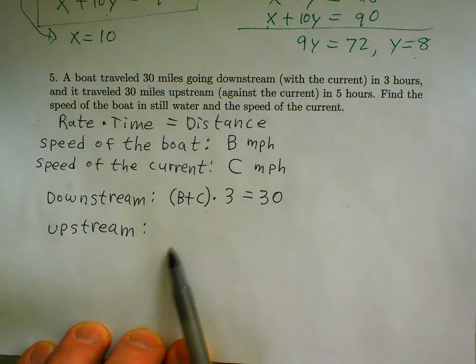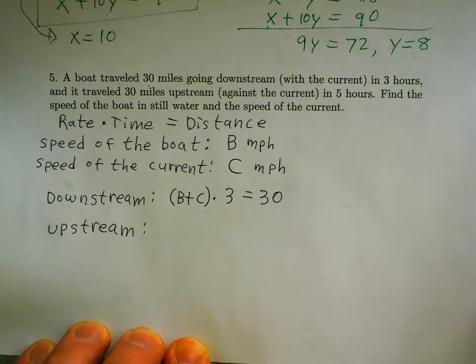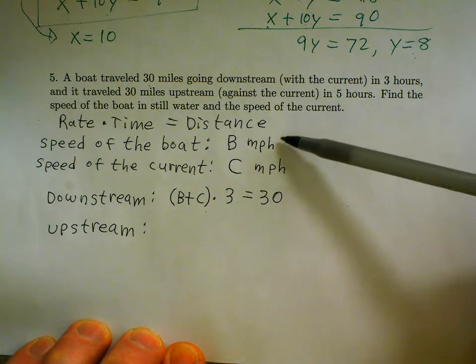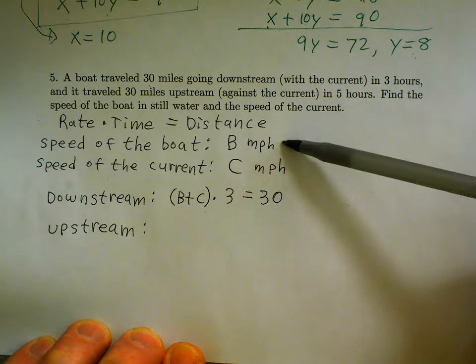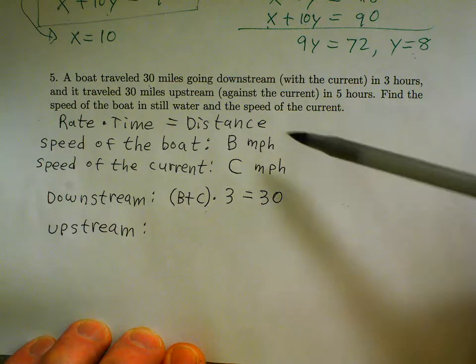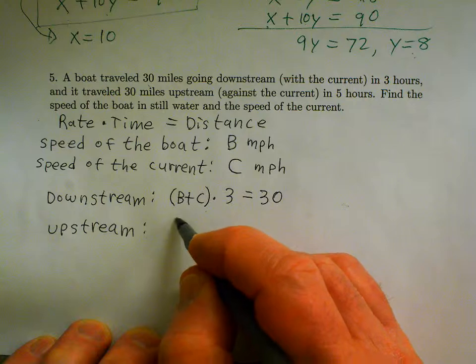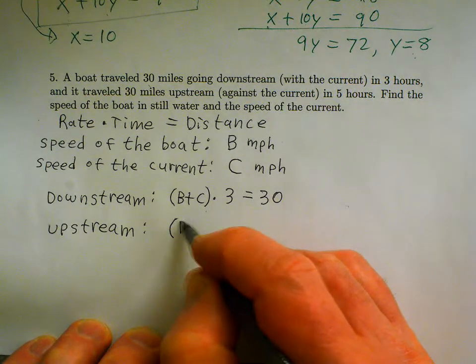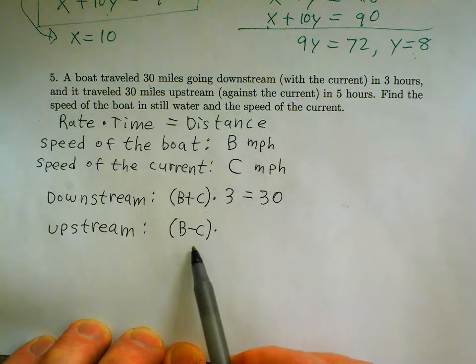Okay, the other situation, the boat is traveling upstream or against the current. So if the boat is going against the current, it has to be going slower than b miles per hour, because b miles per hour is how fast the boat can travel if there is no current. So when it's going upstream, the speed will be b minus c, or the rate is b minus c miles per hour.